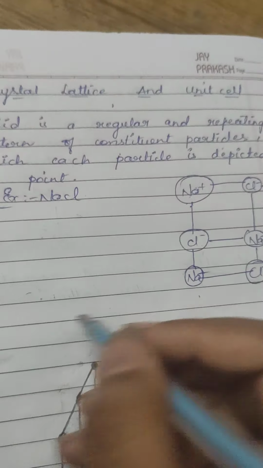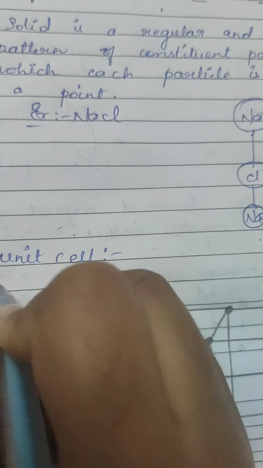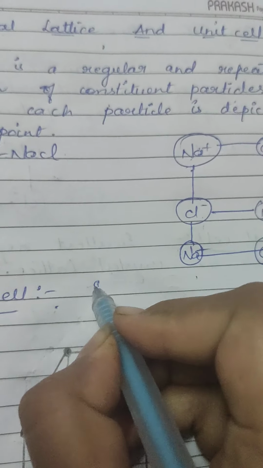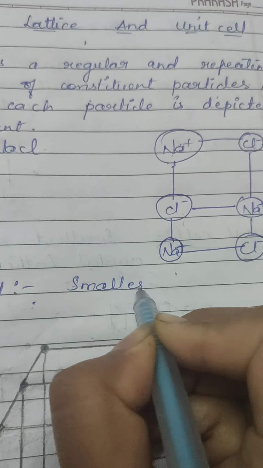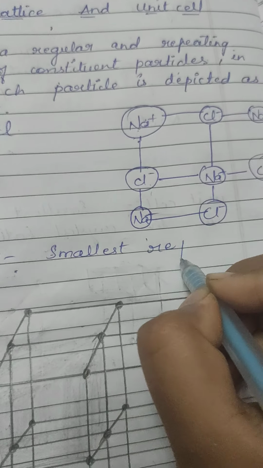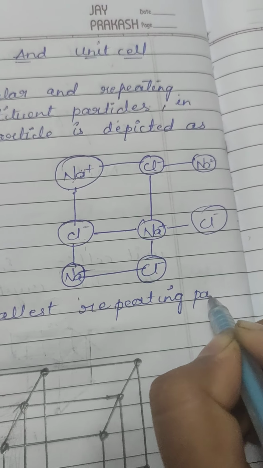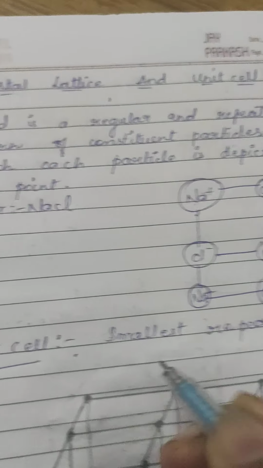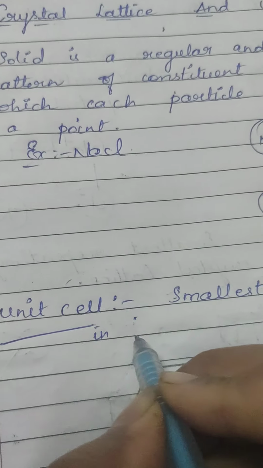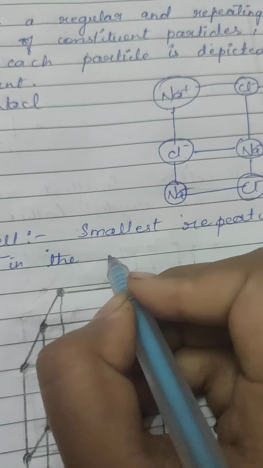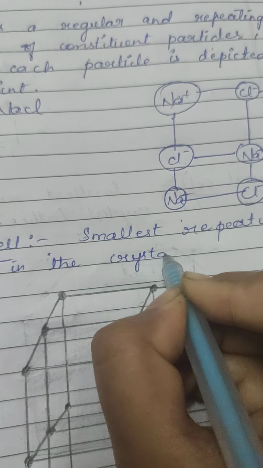So now talking about the unit cell. What does unit cell mean? It is the smallest repeating pattern in the crystal lattice.